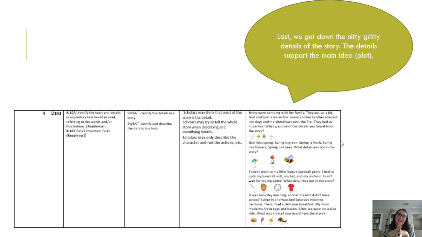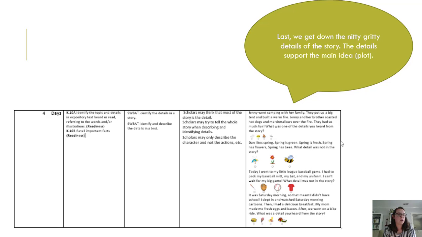So that's a connection you can make with your scholars to help them understand main idea and details. I also talk about how details should match or support that main idea. So if the detail that I'm giving does not fit like a puzzle piece with my main idea, it's not a detail that I need to be sharing.